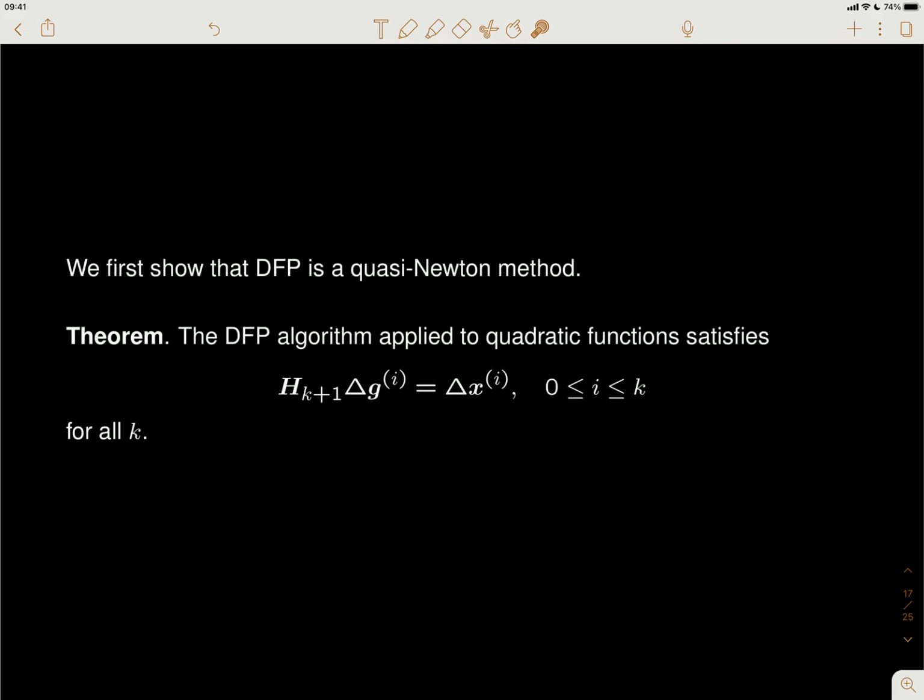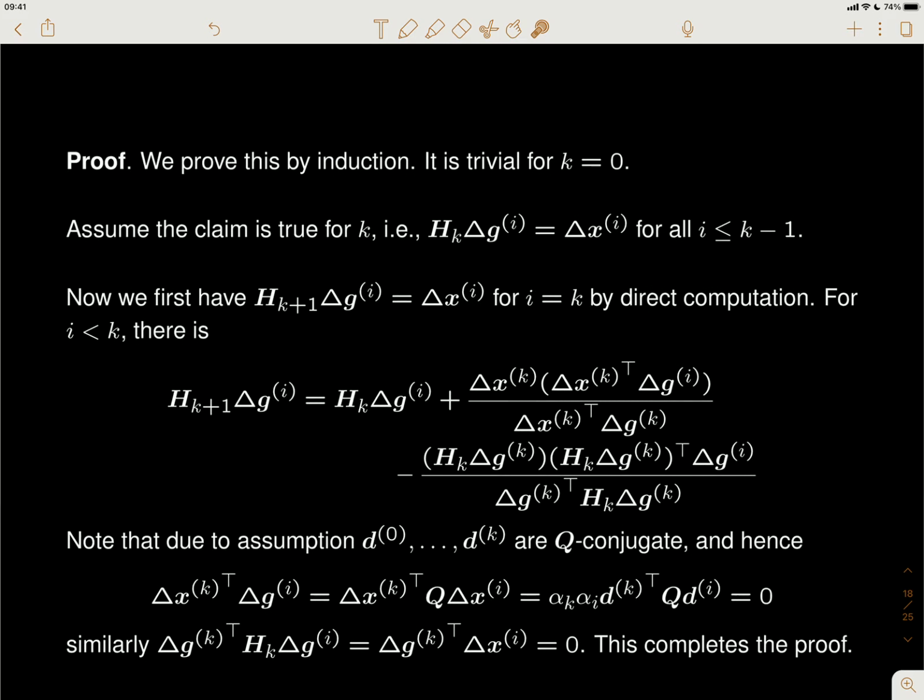But what we need to do is also show that it works for i less than k. So what I just did is true for i equals k. For i less than k, I just do this computation, applying the DFP update rule, changing the H_k to H_{k+1} to this, and this is the second part, this is the third part.